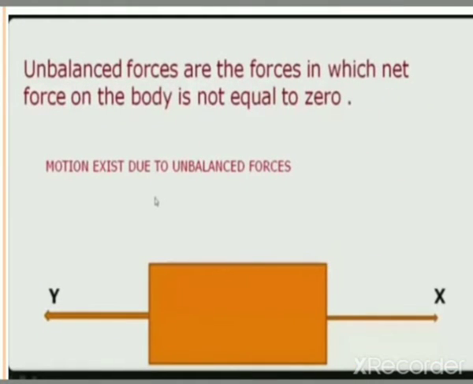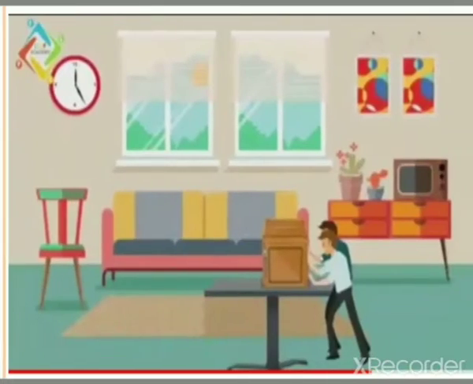Unbalanced force. Now, when we pull the string in Y direction in this box, the box moves towards the Y direction. So unbalanced forces are those forces in which net force on the body is not equal to 0. When the box moves, we say that there is motion, and motion exists due to unbalanced force. Let's see again the same picture.